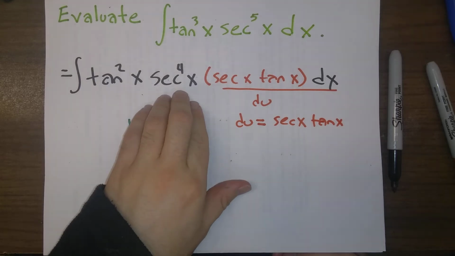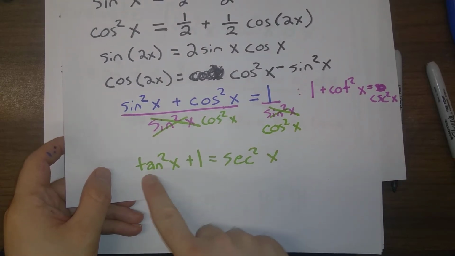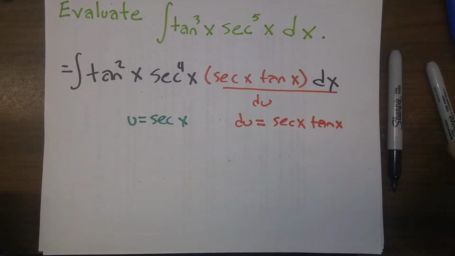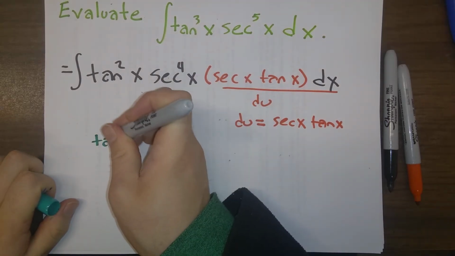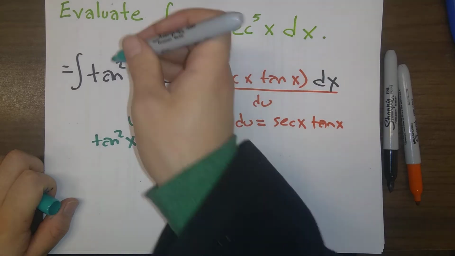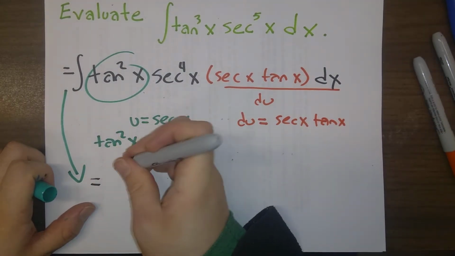So we've got the secant to the 4th x, that's fine. And now we have to use the fact that tangent squared x is equal to secant squared x minus 1. So we'll need to use that here. We make that replacement, and what do we end up with?